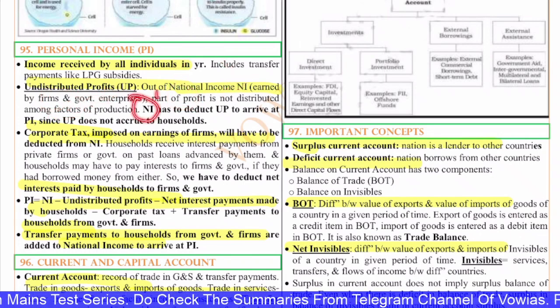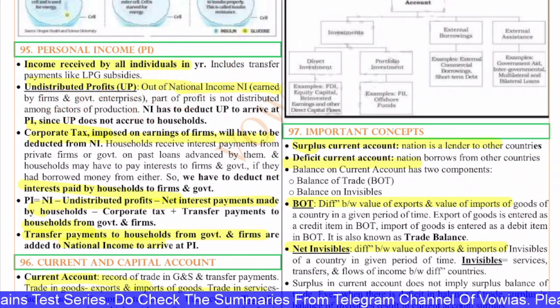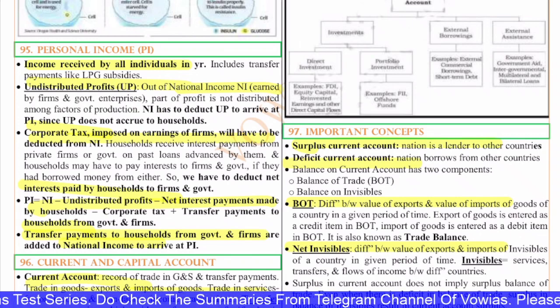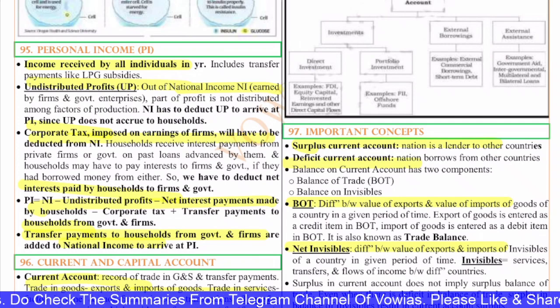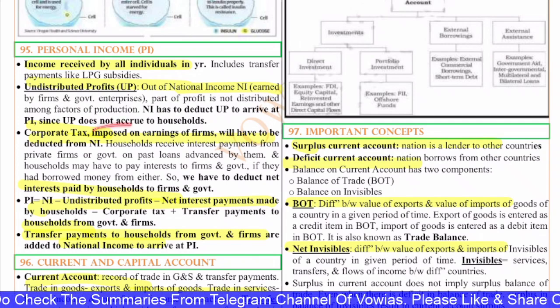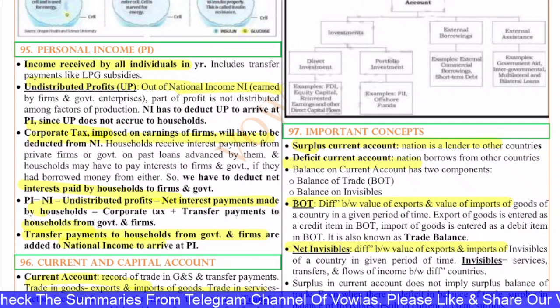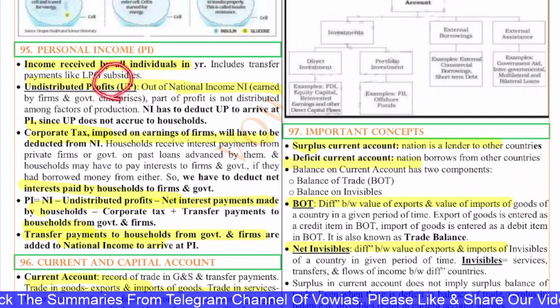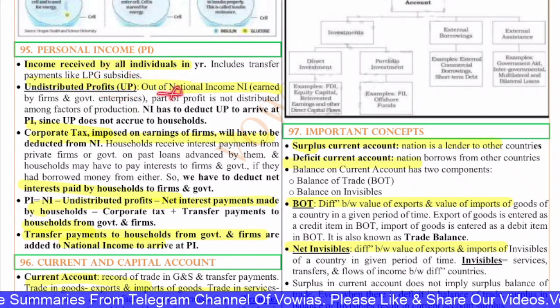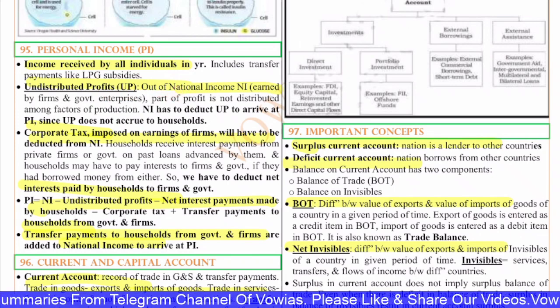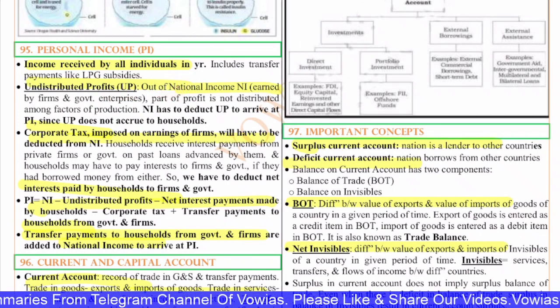This has to be deducted from the national income to arrive at personal income. So only if these profits are removed from the national income will we arrive at personal income.